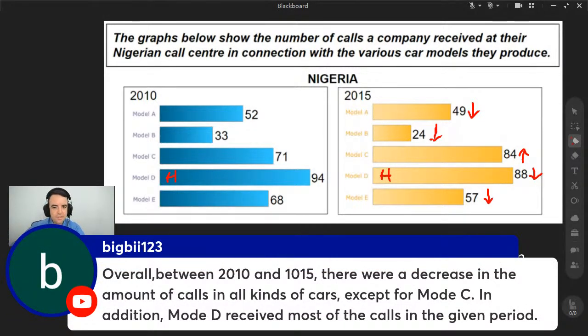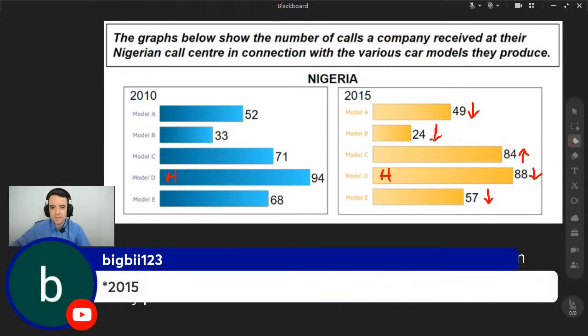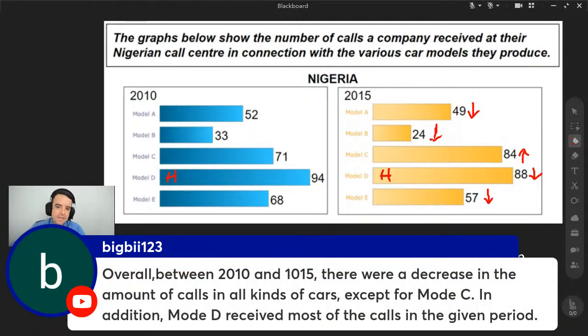Big B, overall, between 2010 and 2000, and okay, so you think this is a small mistake, but you wrote 1015 instead of 2015. That can seriously hurt your score. You have to be very accurate because you're discussing graphs. Okay, I see your correction here, but that is very important. There was, not there were, there was a decrease in the amount of calls in relation to all kinds of cars except for Model C. In addition, Model D received the most.